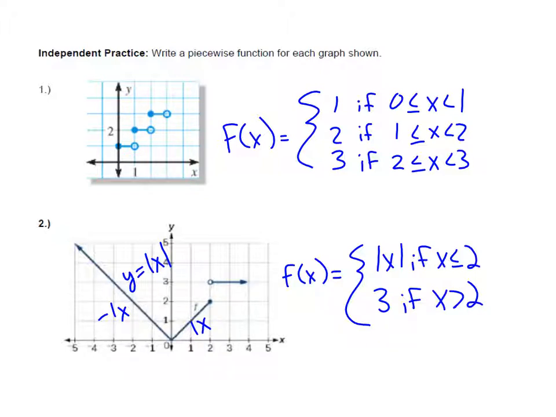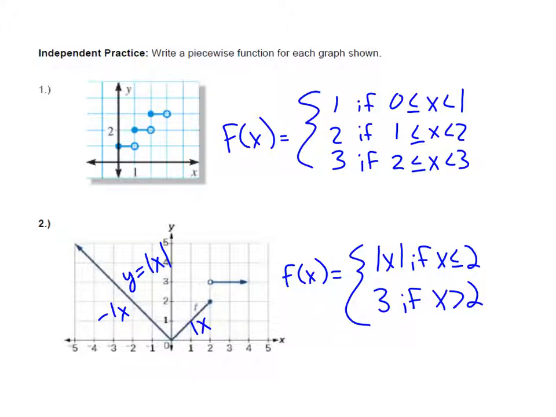We just examine it as a piecewise function, and notice those were all horizontal lines. The first horizontal line was at y equals 1, so that's how I got that. The second horizontal line was at y equals 2, so that's how we get this piece. And then the third horizontal line was at y equals 3. And just keep an eye on your inequality symbols. Make sure where there's open circles you have strictly less than.